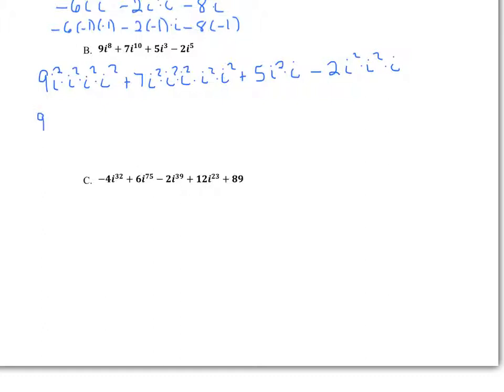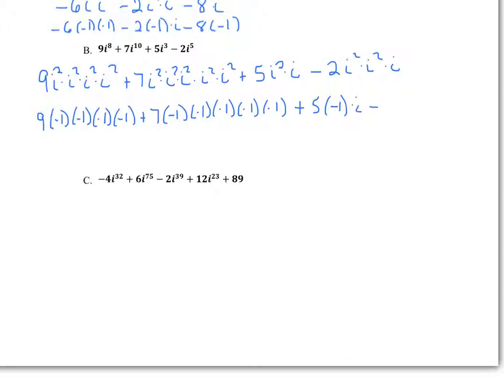So 9 times i squared is -1, i squared is -1, i squared is -1, i squared is -1, plus 7 times i squared is -1, five times, because there are 5 i squareds, plus 5 times -1 times i, minus 2 times i squared is -1, i squared is -1, and just i. Then we'll simplify.